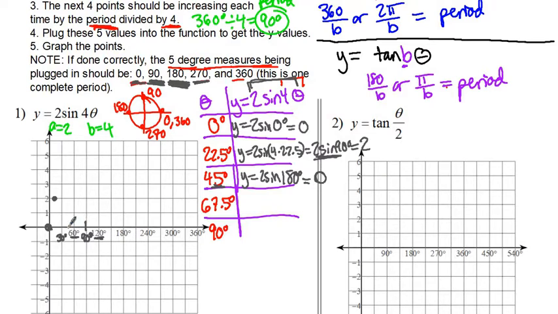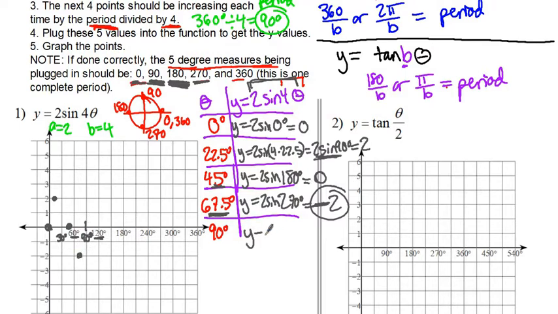So 45 degrees, 0 would be right here. Okay, and then the next one is going to be 2 times sine of 4 times this number, which is 270. And the sine of 270 is negative 1. So 2 times negative 1 would be negative 2. So we have a value at 67.5, negative 2. So maybe about right there.